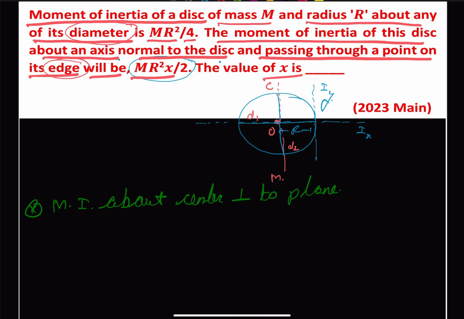One second, this is my mistake. This is the moment of inertia perpendicular to the disk, normal to the disk. So we can assume that it is going normal into the plane. So we are going to find an axis which is perpendicular to both D1 and D2 but parallel to this. That was my mistake.